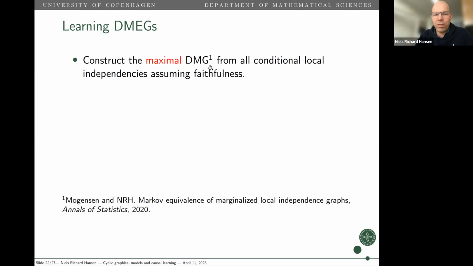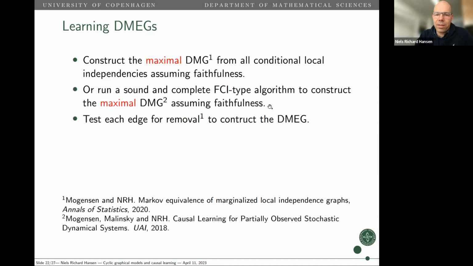And this is, of course, not a very clever learning algorithm, but afterwards you can then test for removal to construct the equivalence class object. So we have a somewhat more intelligent, but still fairly slow Oracle algorithm. It's an FCI type algorithm that will construct the maximal DMG, again, assuming faithfulness. But it's a bit more clever than just going through all the different conditional local independencies.